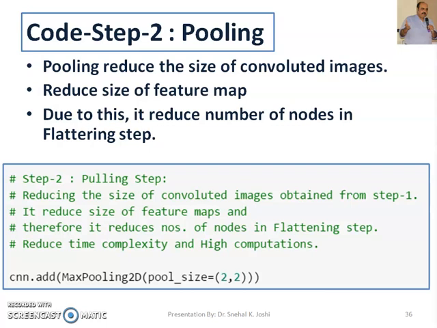We simply add the max pooling 2D function where pool size is given as 2,2. So it's clear that we are using a pool filter of size 2 cross 2, and since we are using the function max pooling 2D, our filter is a max pool filter.